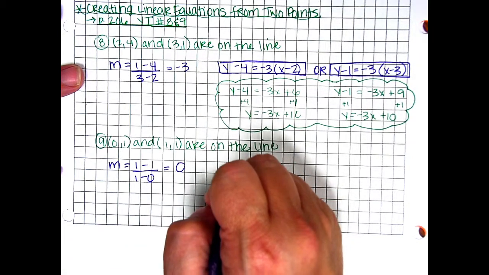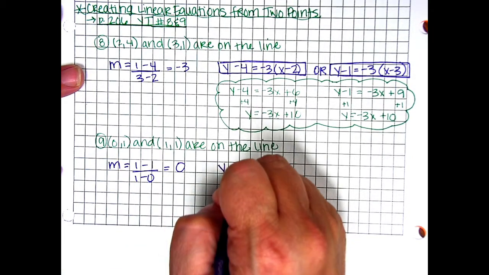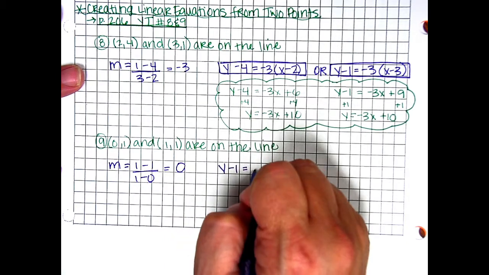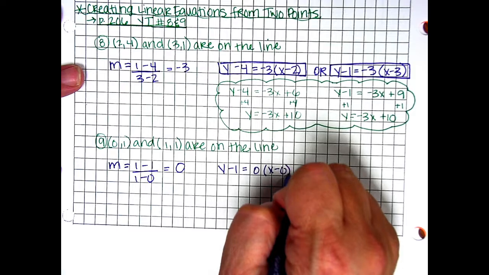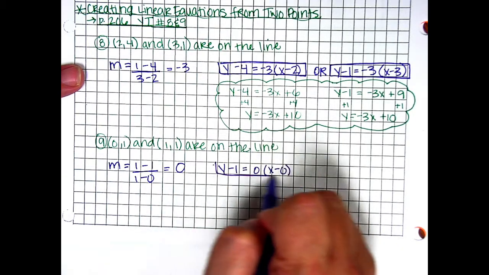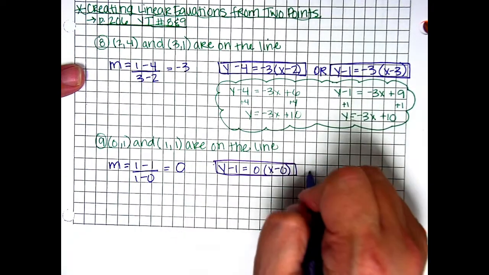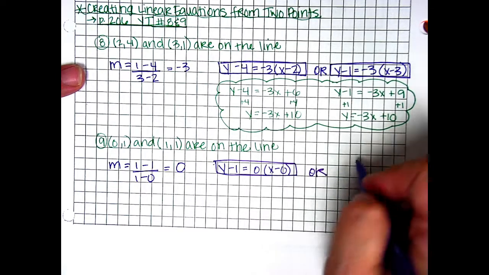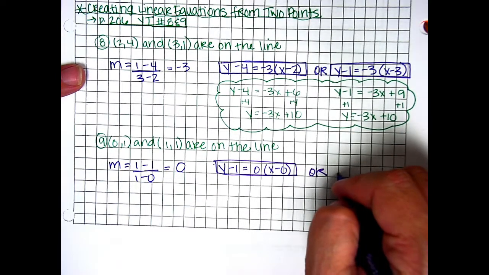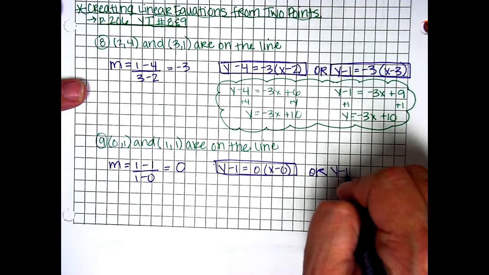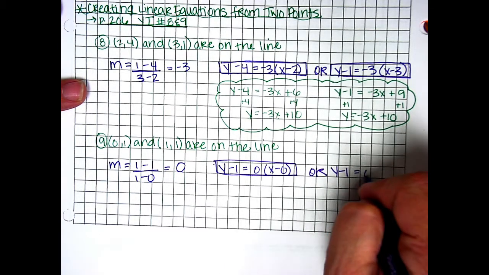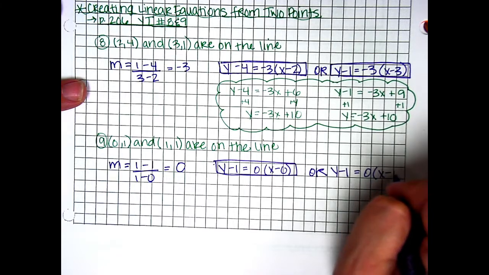So my two choices in equations are y minus 1 equals 0 times x minus 0, or y minus 1 equals 0 times x minus 1.